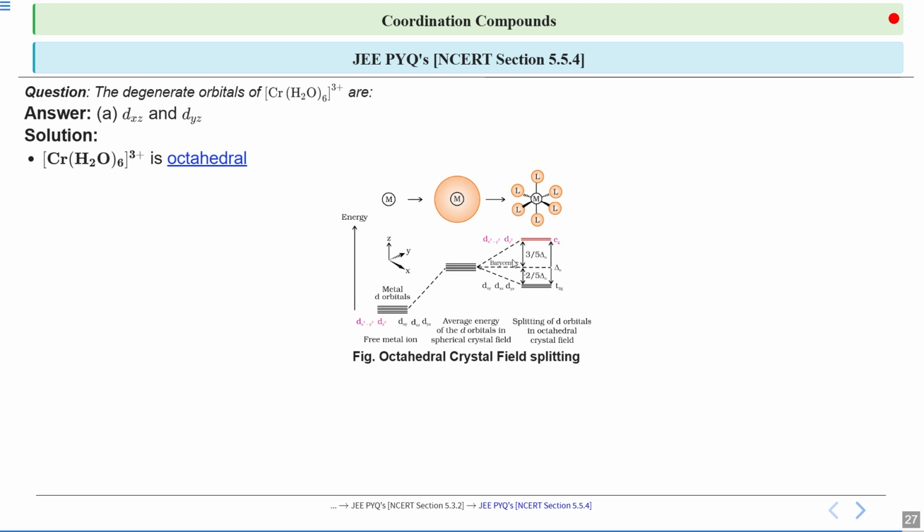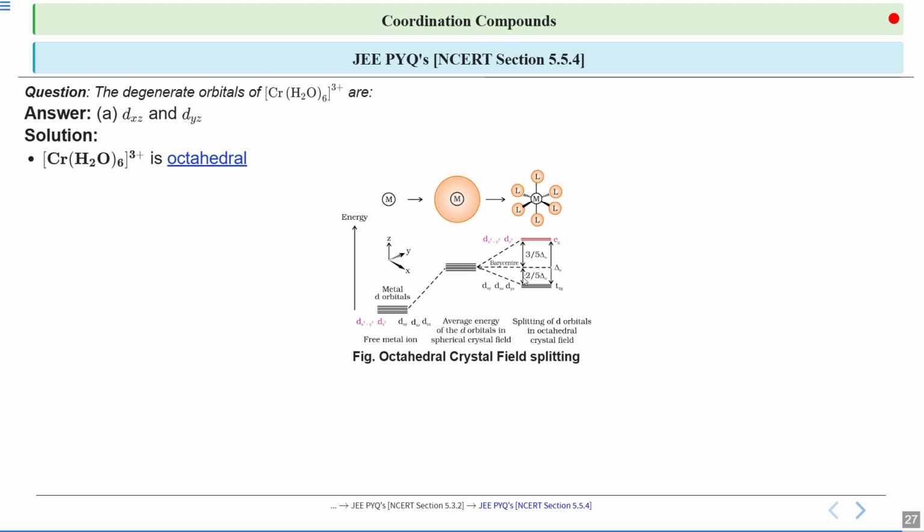Crystal field splitting is such that the total energy lowering of the t2g set due to stabilization is exactly compensated by the total energy increase of the eg set due to destabilization. This ensures that the overall average energy of the d orbitals at the barycenter remains unchanged.